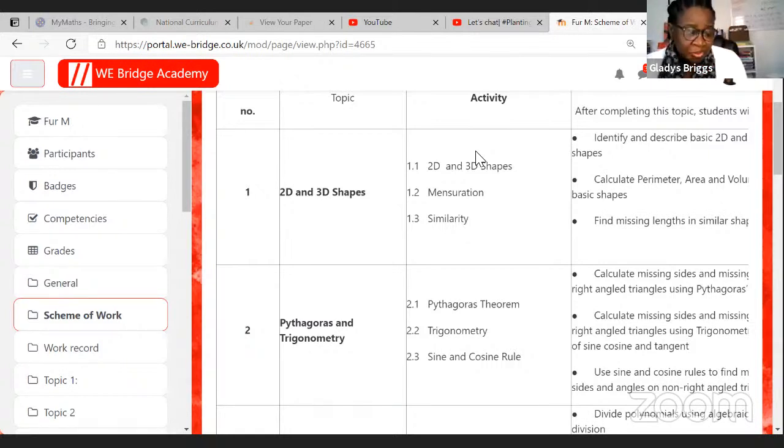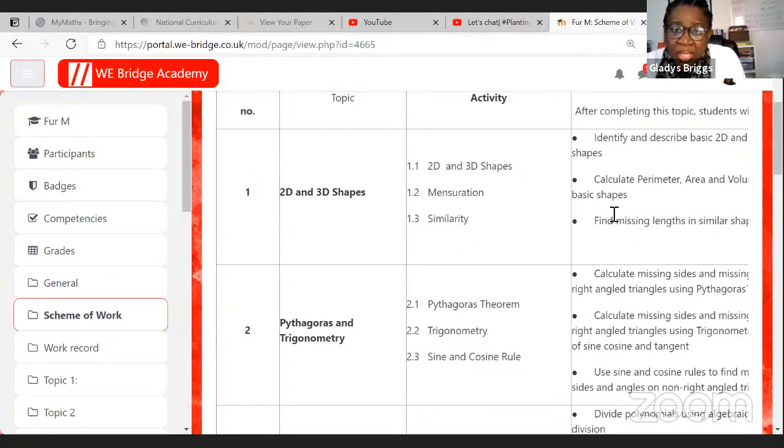All right, identify 2D and 3D shapes. I'm going to take you through all of those ones, and I'll probably choose from there to put in your exams. Topic 1, 2D and 3D shapes. You are supposed to be able to identify and describe basic 2D and 3D shapes.